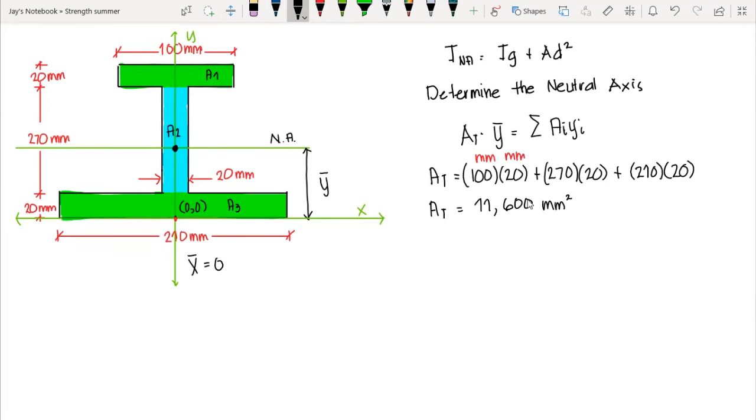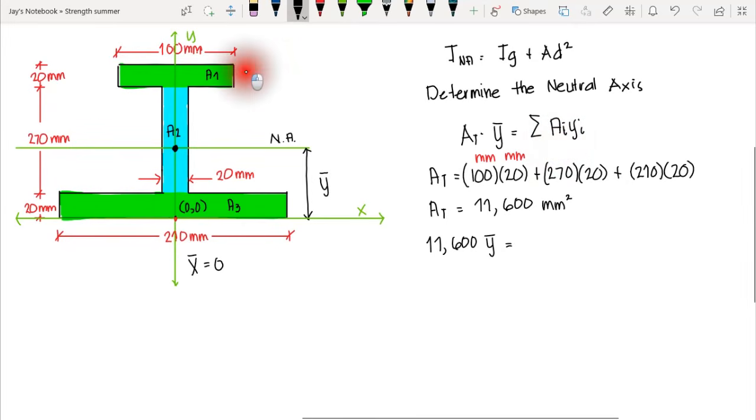Okay, so we can now use this equation, that is, we have area total, that is 11,600. Then we have the unknown, the barred y, the location of our neutral axis from our reference line. Then that is equal to the summation of all the area times its centroid from the reference.